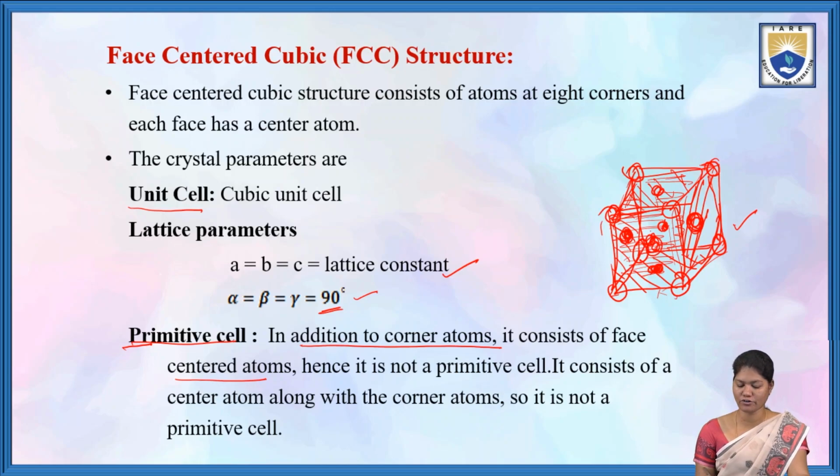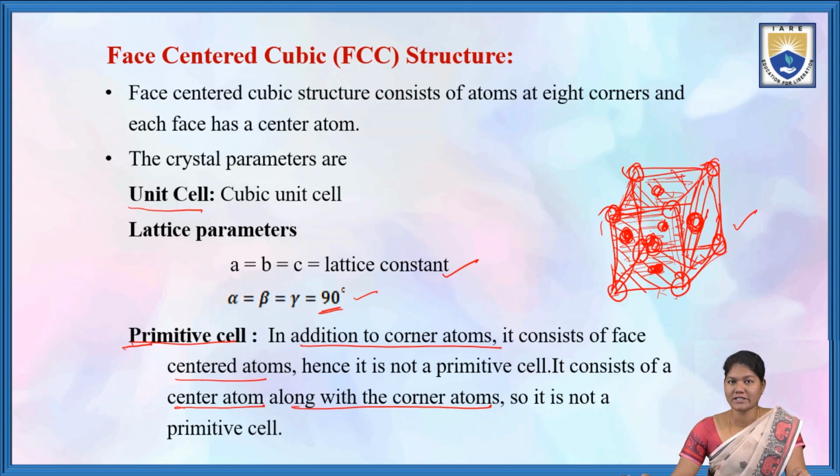It consists of face-centered atoms along with the corner atoms. So it is not primitive, because along with the 8 corner atoms, there are other atoms at the faces of the cubic crystal.